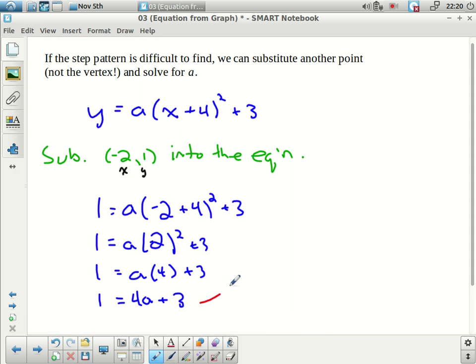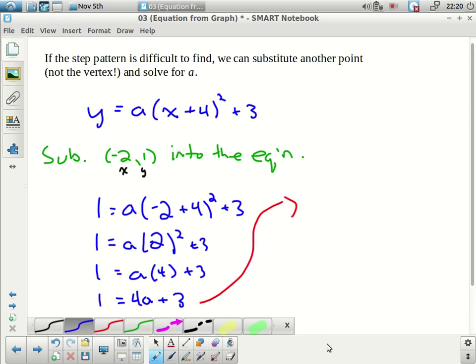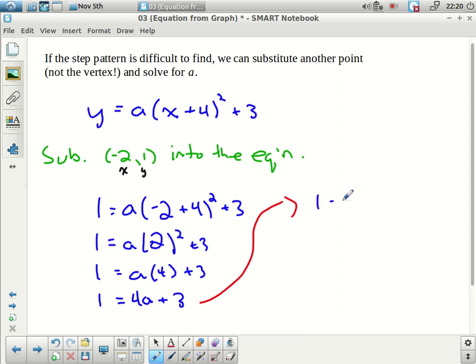So I'm just going to bring this up. Okay, so what do I do to keep solving this equation? I'm trying to get the a by itself, so I'm going to move the 3 to the other side. So I have 1 take away 3 equals 4a. So that's -2 equals 4a.